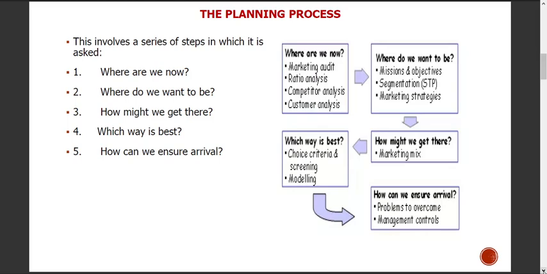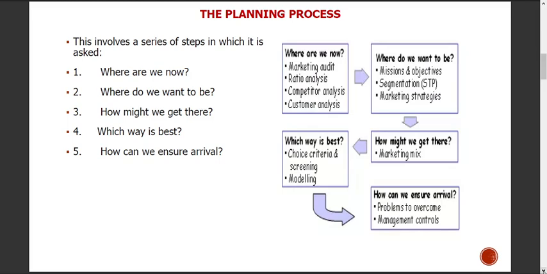Also, it's in the segmentation step that you categorize your prospective buyers or customers or consumers. If we are looking in terms of economic classes, are you going to segment your product whereby you're going to package for the high economic class, for the middle economic class, or even the low income earners? If it is in terms of age, how are you going to segment your market? So that is where you want to be.